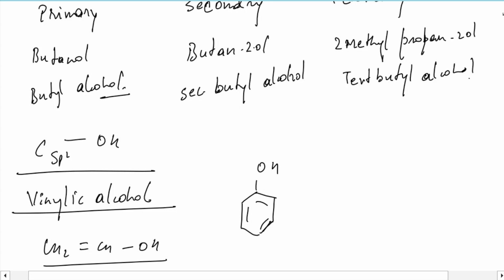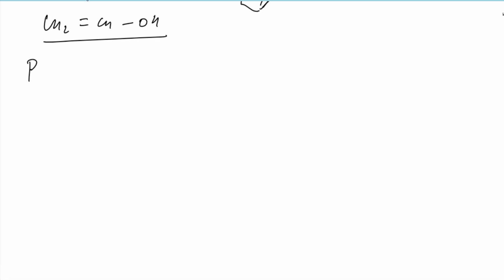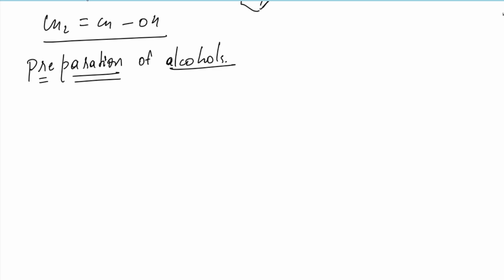Now let's move ahead to the preparation of alcohols. So that was a brief about nomenclature and classification. Next is preparation of alcohols. So first is by acid reflux followed by hydrolysis.